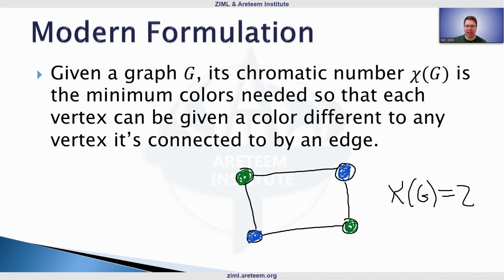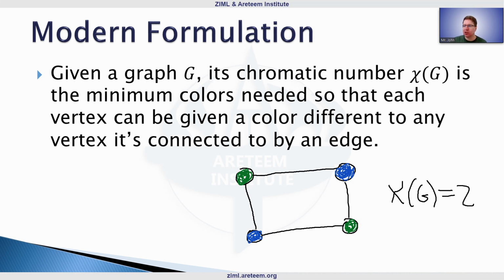Of course, those actual colors do not matter. And anytime we have 2 vertices connected by an edge, the 2 ends of that edge are different colors. So in this case, the chromatic number, or coloring number if you want to be a little bit more informal, would be 2. We can color that graph with 2 colors.